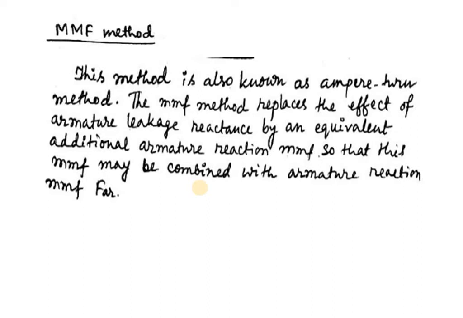Here, the MMF method replaces the effect of armature leakage reactance by an equivalent additional armature reaction MMF, so that this MMF may be combined with the armature reaction MMF FAR. This FAR is the additional armature reaction MMF, which is combined with the original MMF.